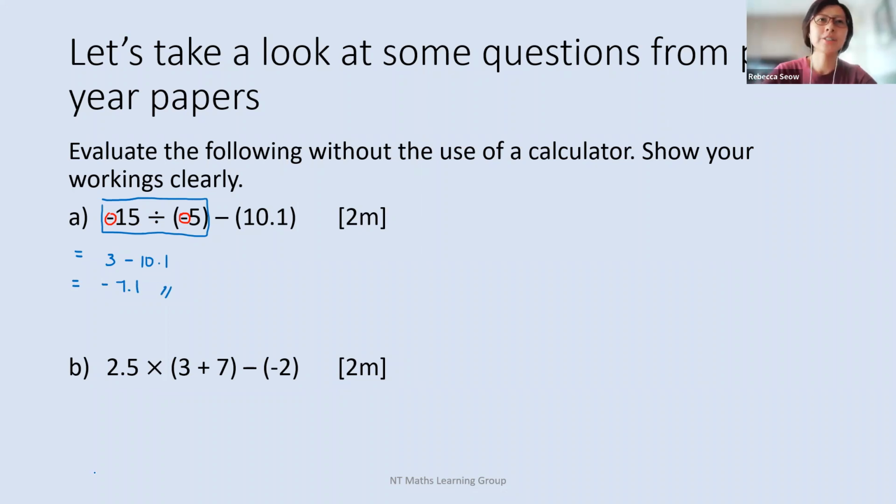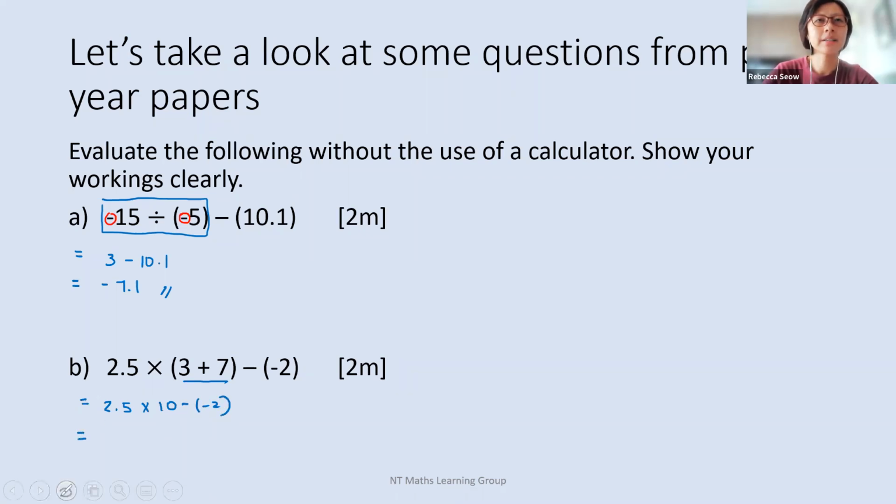For the next question, wow, okay, looks like we got to do brackets first, right? So if it's brackets first, most likely we have to solve whatever that is within here. So we have 2.5 multiplied by 10 minus 2.